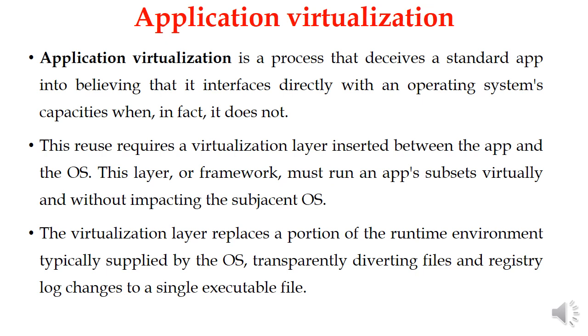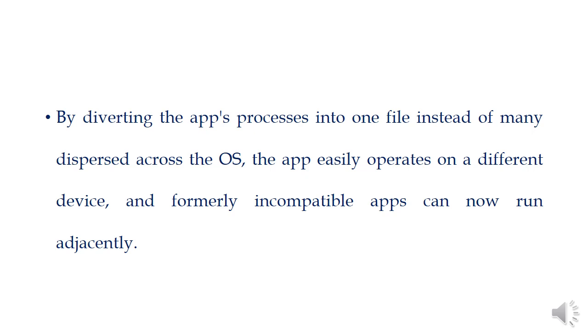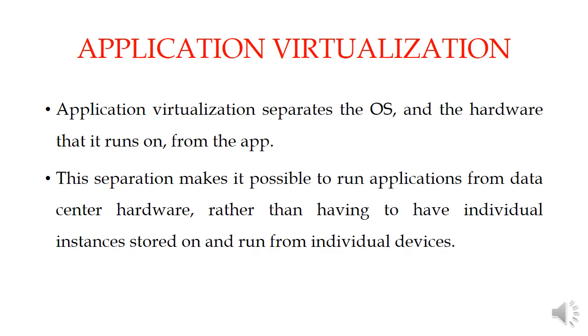The runtime environment is needed, and is typically supplied by the operating system. So it transparently diverts file and registry log changes to a single executable file. By diverting the app's processes into one file instead of many diverse across the operating system, the app easily operates on different devices and formerly incompatible apps can now run instantly.